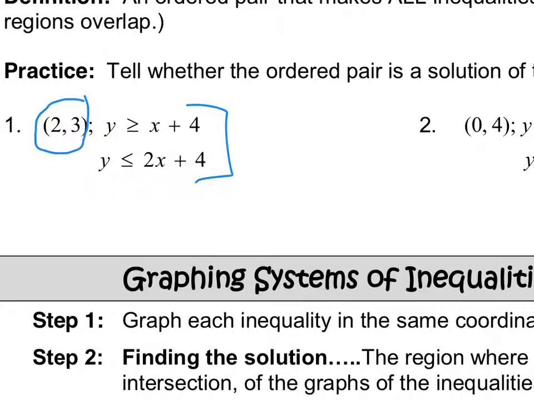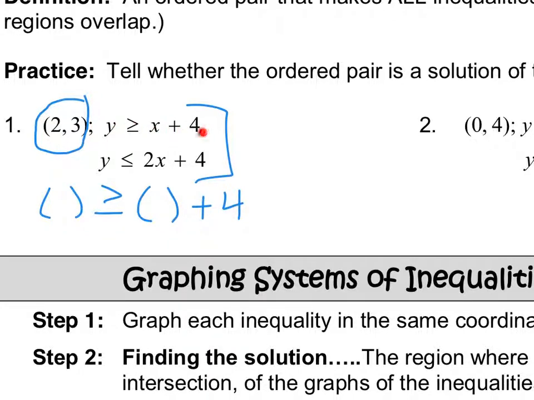The other way is the way I'm going to show you right now, which is to just substitute the 2, 3 for x and y in each equation and see if they're still both true. So to substitute in, I'm doing my parentheses, y greater than or equal to x plus 4.